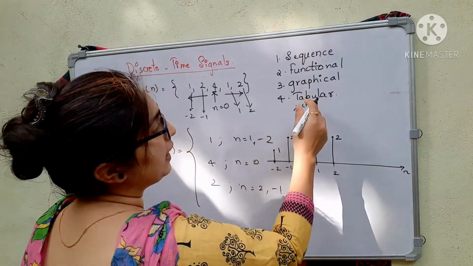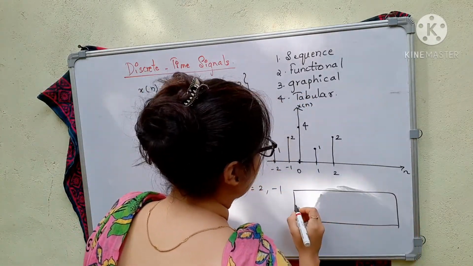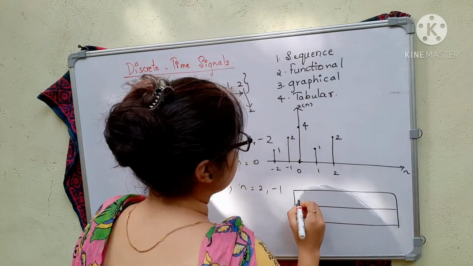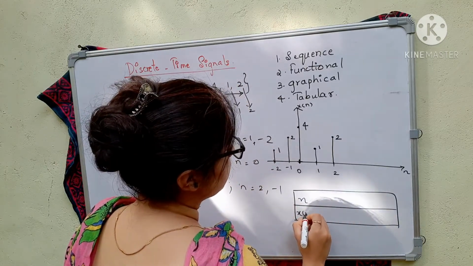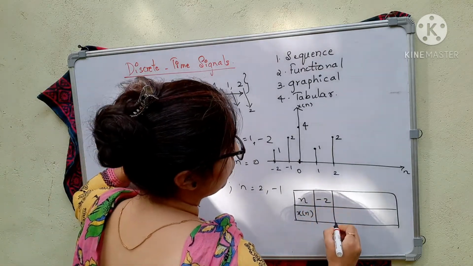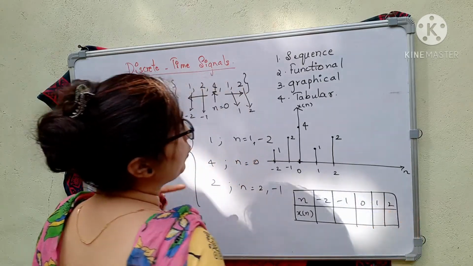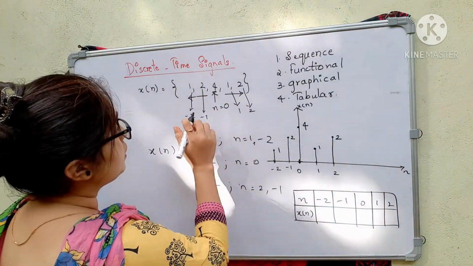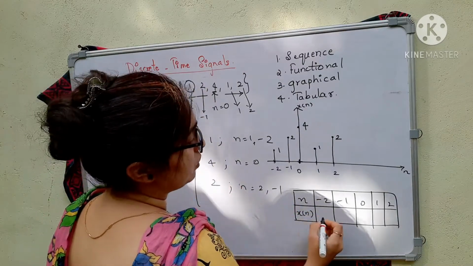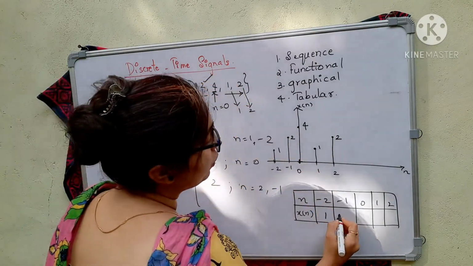Similarly, the tabular representation will be like this. If I consider this as n and this as x of n, n takes values minus 2, minus 1, 0, 1 and 2. At n equal to minus 2, you have the value 1. At n equal to minus 1, the value 2.